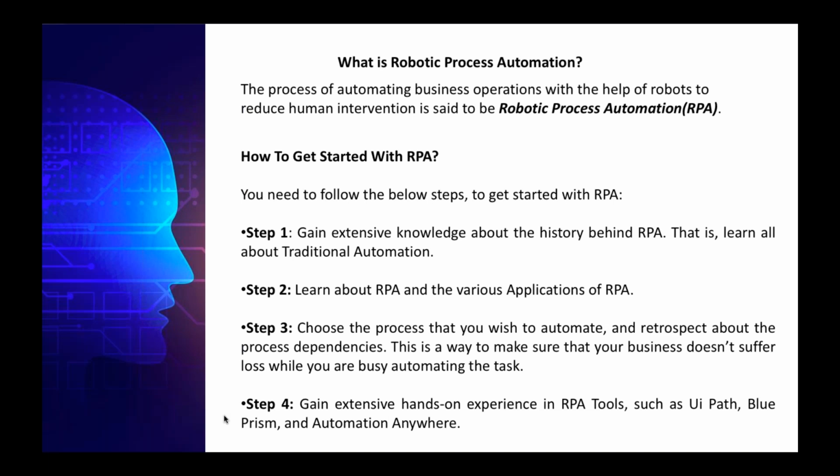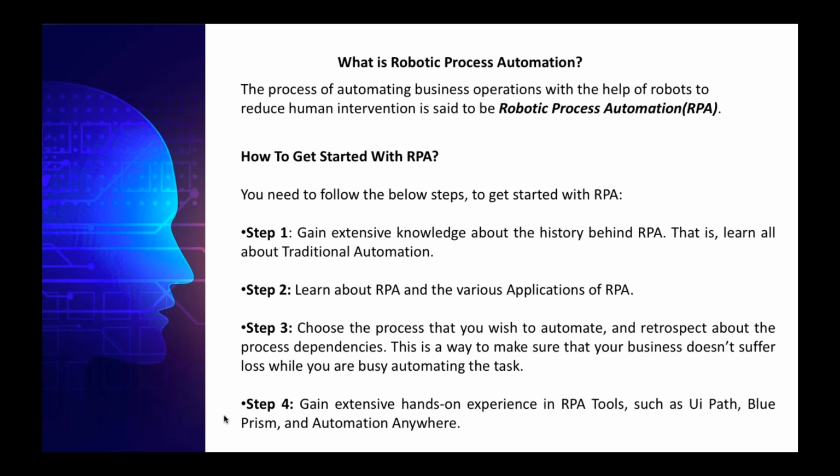When it comes to the bot, it is a component of RPA. Bot, control room, creator license, runner license come under the components of RPA. Whatever RPA is applied to, the process has to be structured.